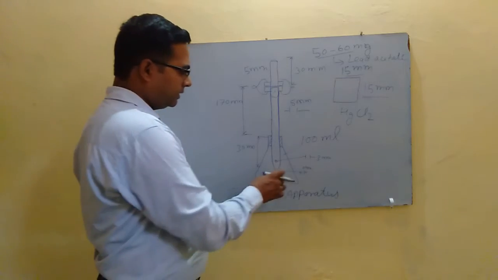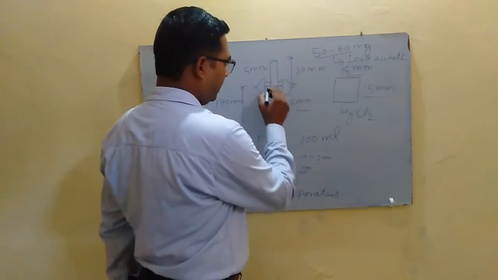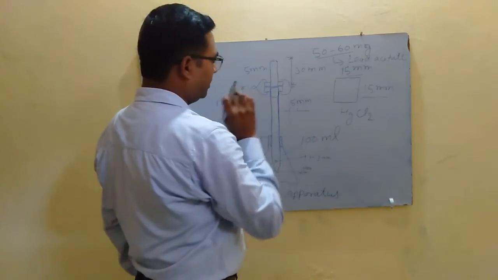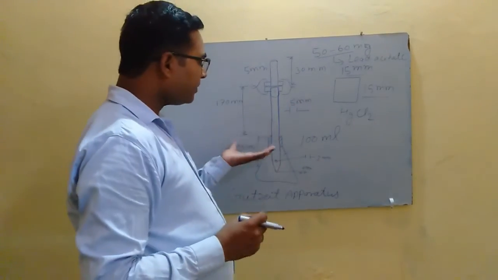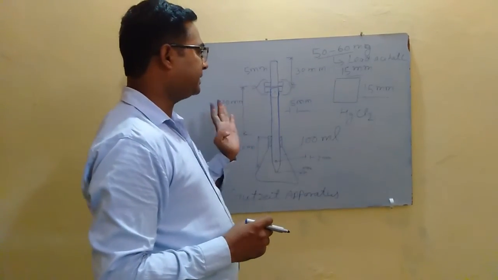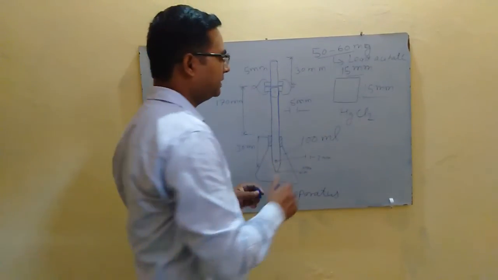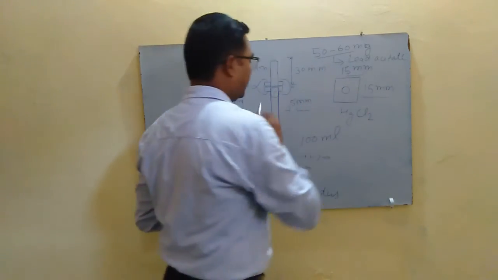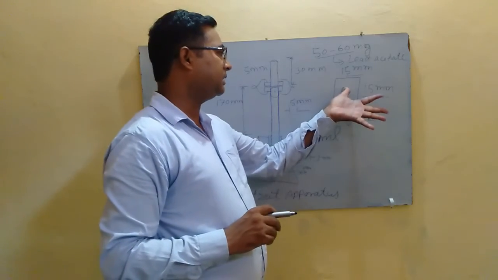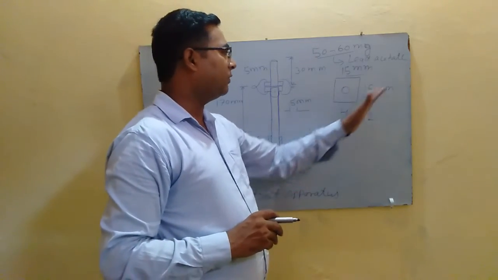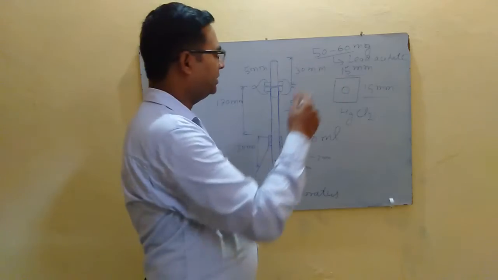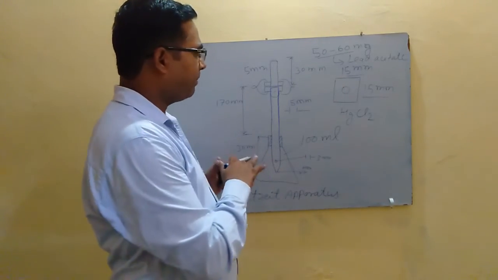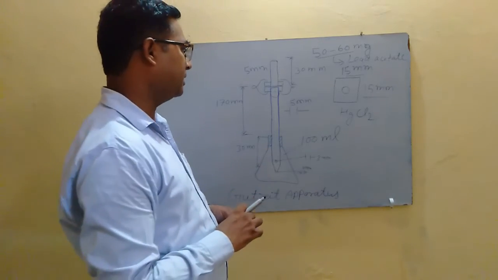The color produced on this mercuric chloride paper, which is placed between these two tubes, is compared with the standard. If the yellow color stain on this paper in the test sample is more intense as compared to the stain developed on the paper used in the standard apparatus, then our test sample fails the limit test of arsenic.